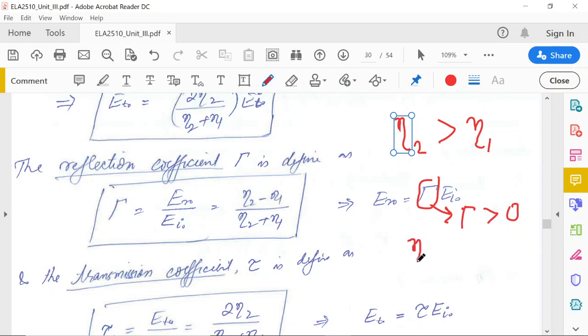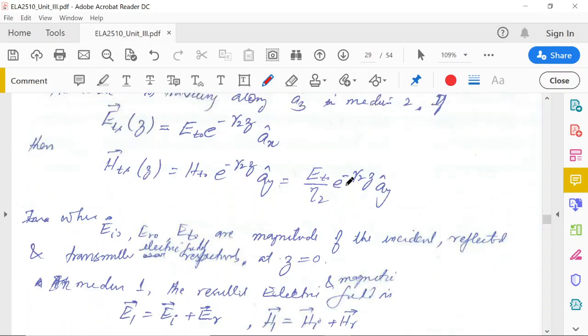However, if eta 2 is less than eta 1, then this gamma is negative, gamma is less than 0. In this case, the magnitude will also be reduced, but now it will be phase shifted by 180 degrees. The reflected component will be out of phase with the incident wave at z equals 0.